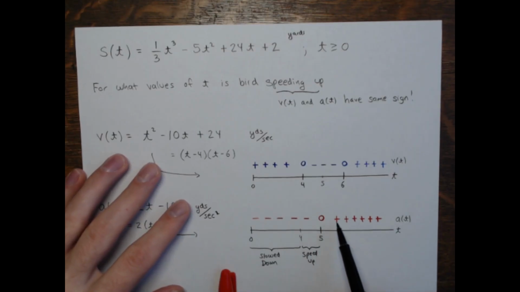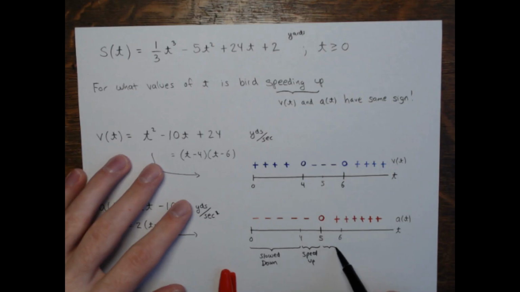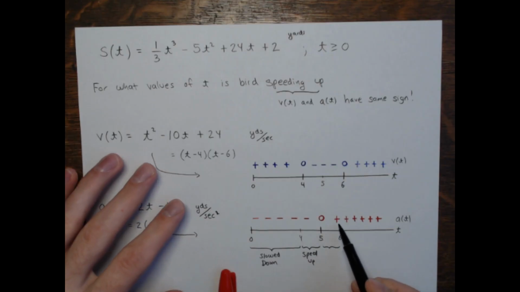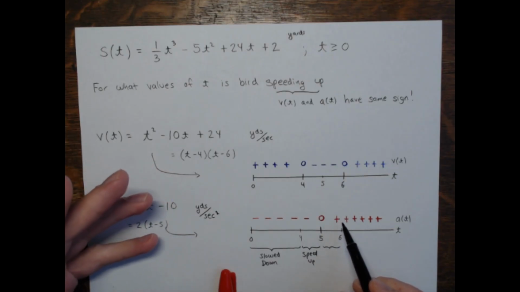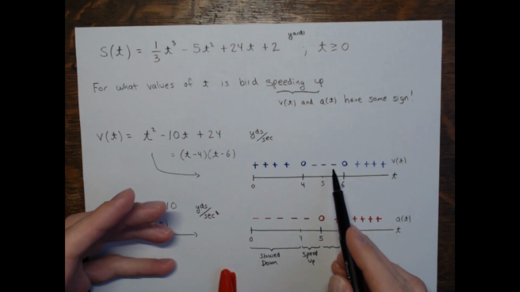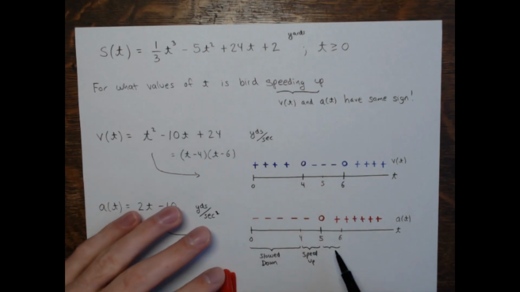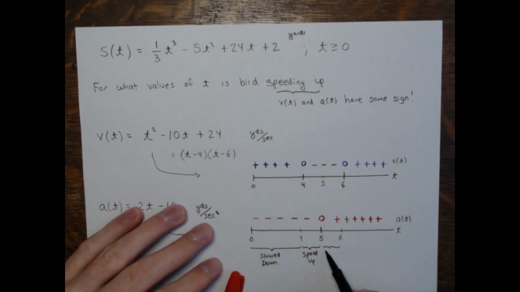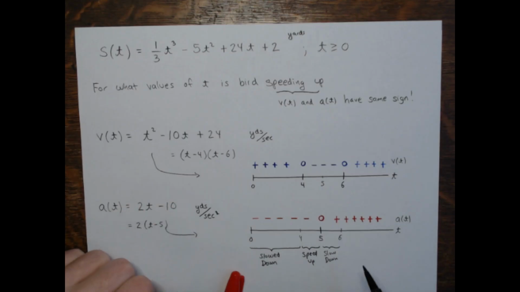But then the wind changes direction, right? So from 5 to 6 seconds here, the wind changes direction. The pull is now to the right. Wind is blowing right, but the bird's still moving to the left, still got a negative velocity. So opposite signs, the bird is slowing down in that 5 to 6 second time.